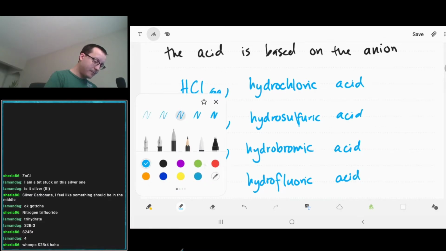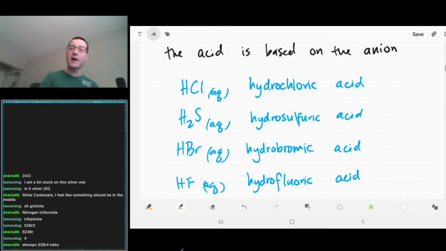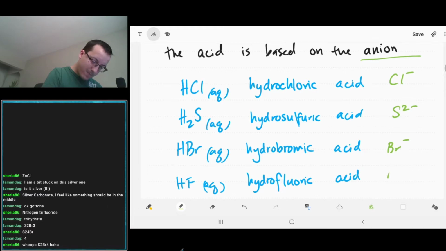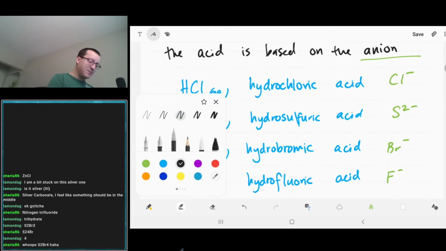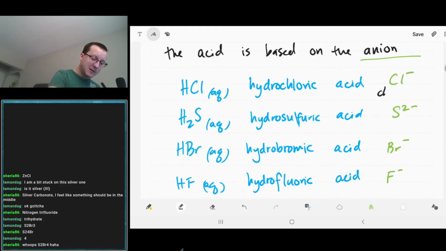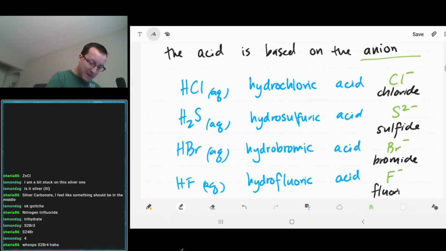And so, if we look at the anion of all these, and if we remember the names of these anions, this one was chloride, sulfide, bromide, fluoride.